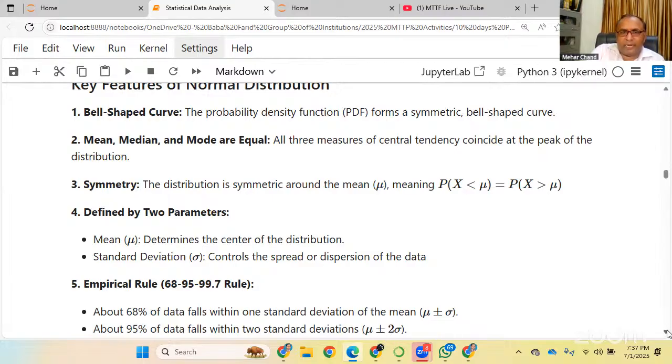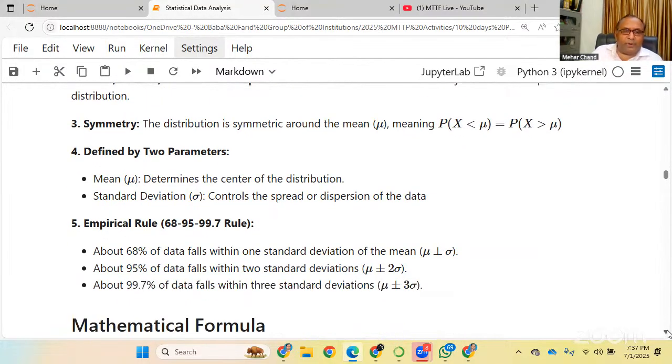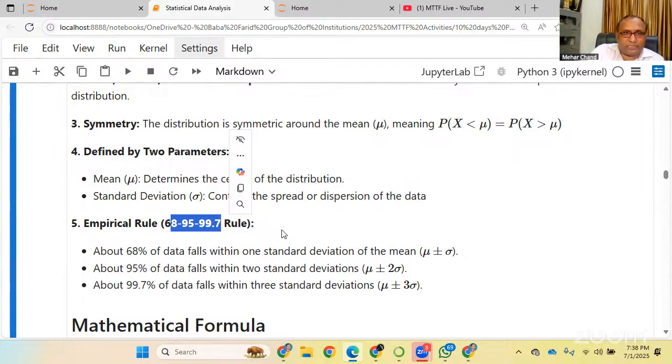And about 99.7% of the data falls within three standard deviations, mu plus minus 3 sigma. So this is the empirical rule, the 68, 95, 99.7 rule. This is the rule for the normal distribution.